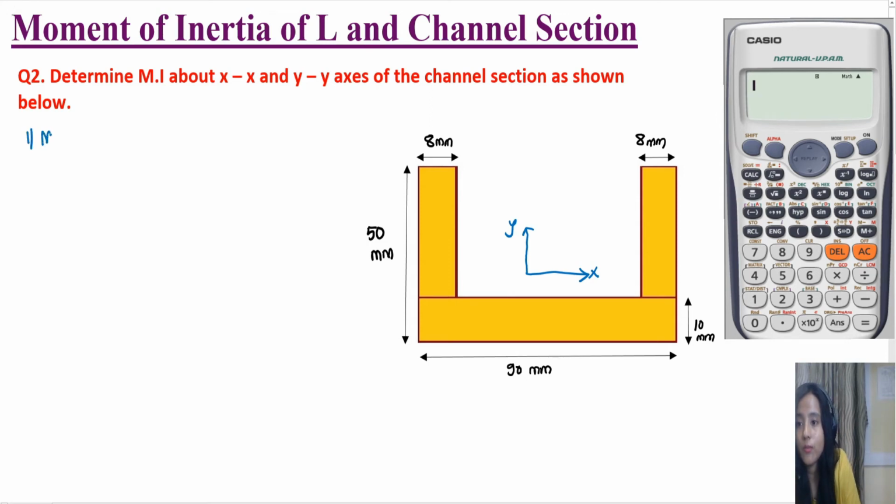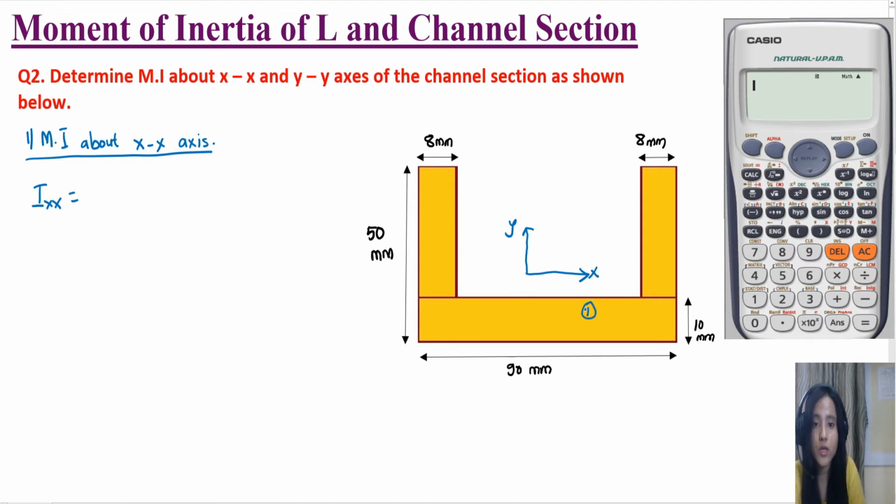Number 1, moment of inertia about x-x axis. Okay, so here Ixx will be equal to, now let me divide this section as 1, 2 and 3, right? So I have Ixx1 plus Ixx2 plus Ixx3, right?